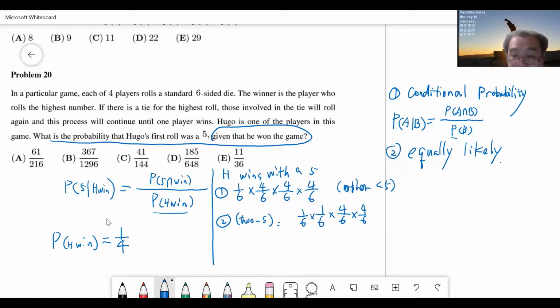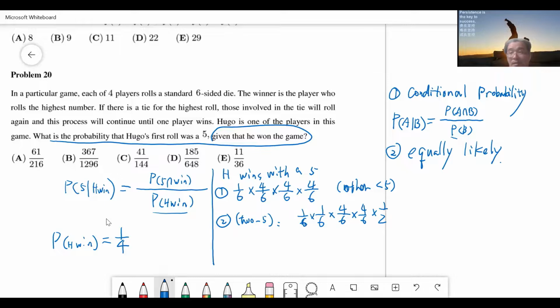So you can see this player, Hugo, and the first player A are going to go to the next round, reroll, right? Because they are equally likely, Hugo wins with a chance of 1/2. So this is the chance he and the first player A both roll 5 and go back to the next round.